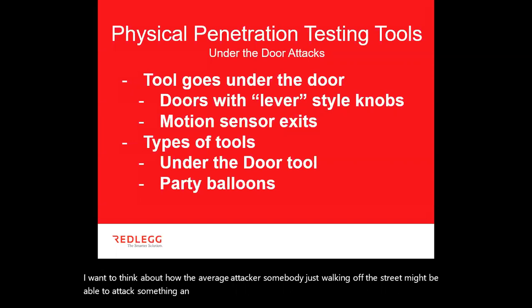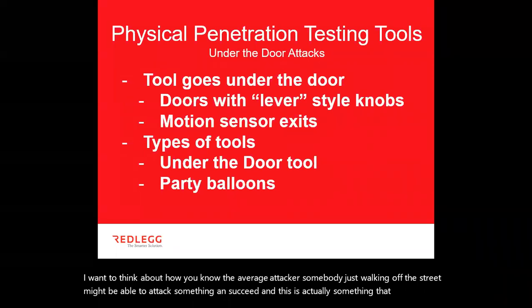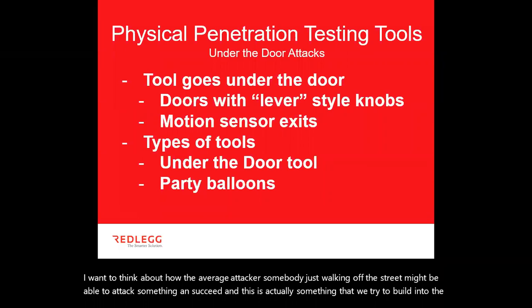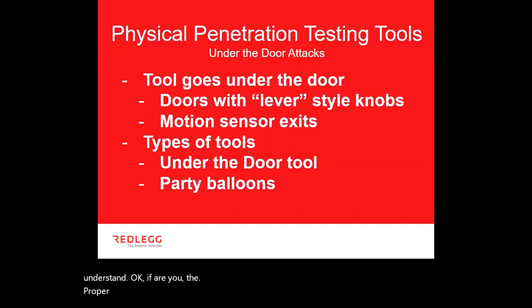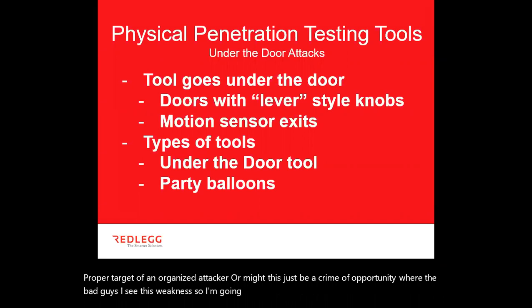And this is actually something that we try to build into the threat modeling process of our physical assessments. We want to understand, okay, are you the proper target of an organized attacker, or might this just be a crime of opportunity where the bad guy's like, well, I see this weakness, so I'm going to go ahead and exploit it.